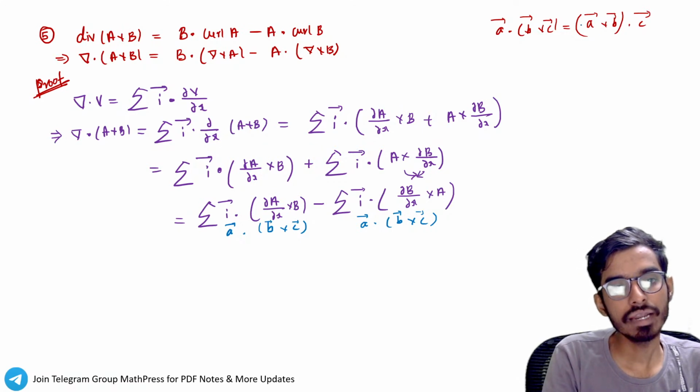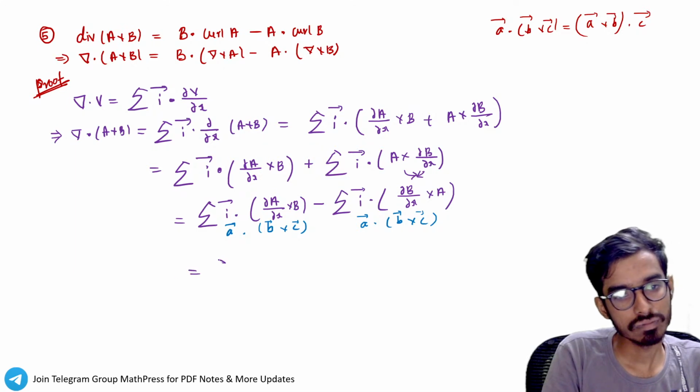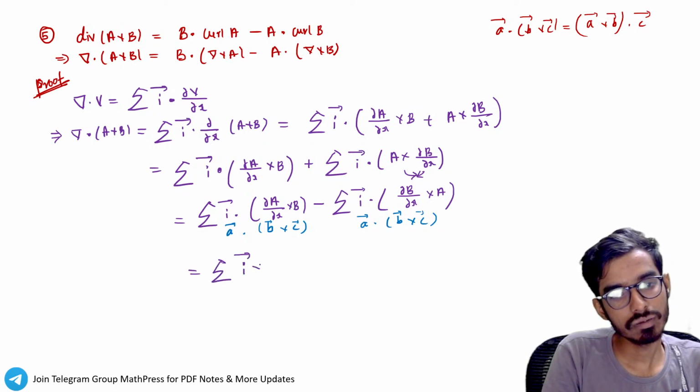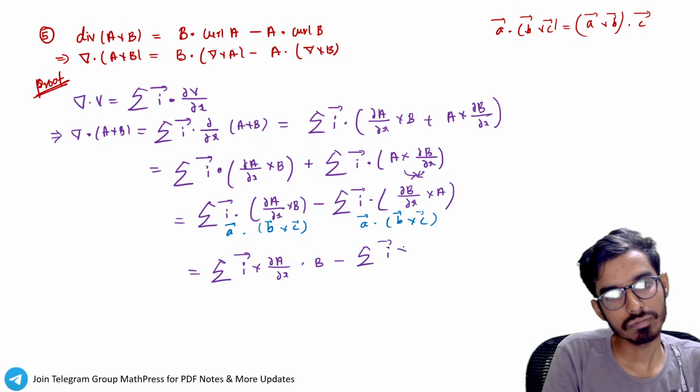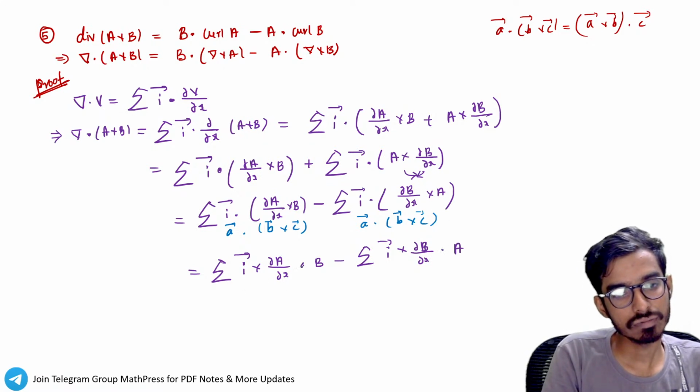Now I'm going to use the result A cross B dot C. So A cross B dot C, and here A cross B dot C, right? Here C is A. So what is this?